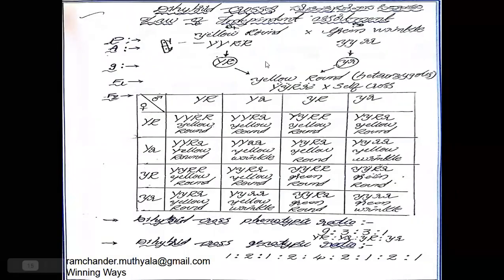The dihybrid cross is also called the law of independent assortment. This law is based on the dihybrid experiment.